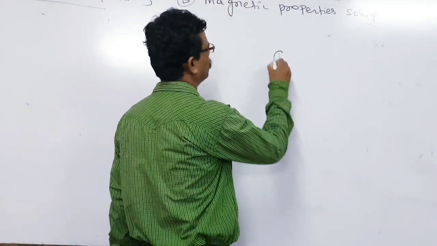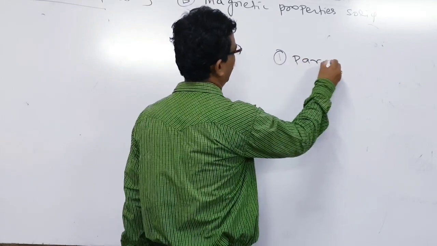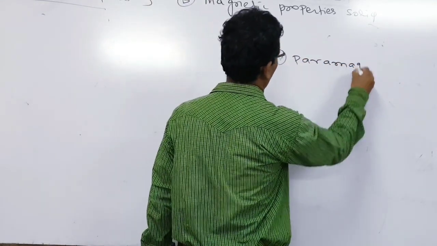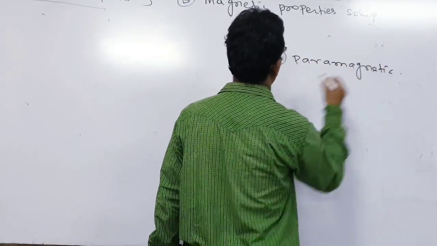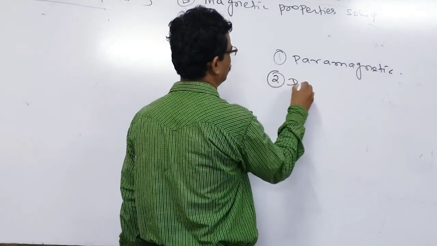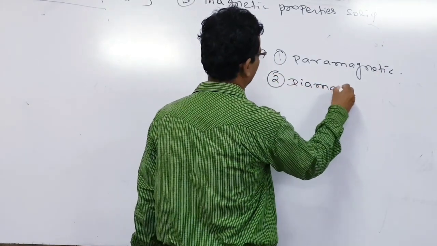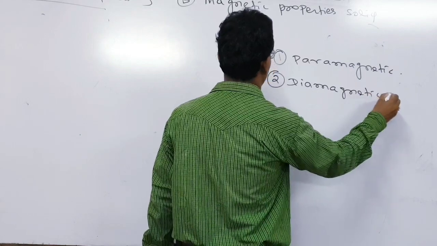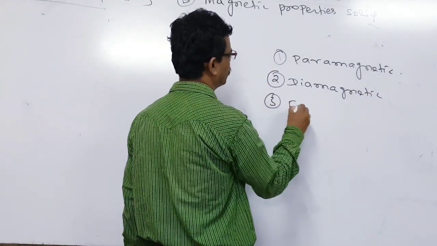What are they? First of all, paramagnetic substances, diamagnetic substances, and ferromagnetic substances.